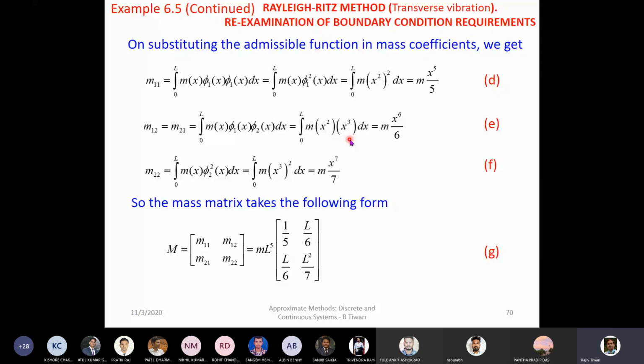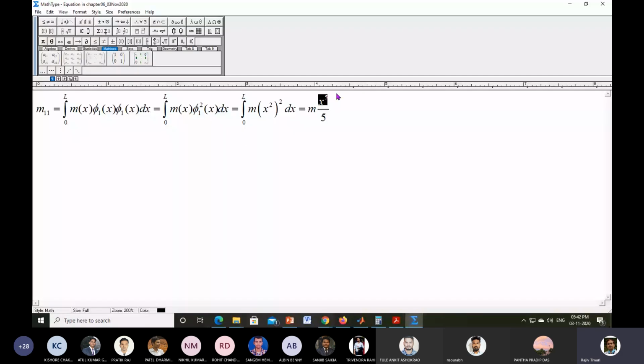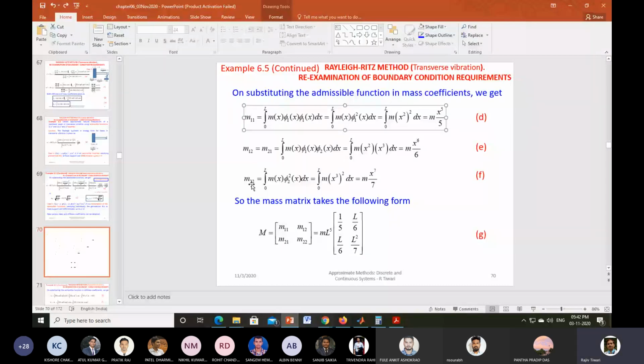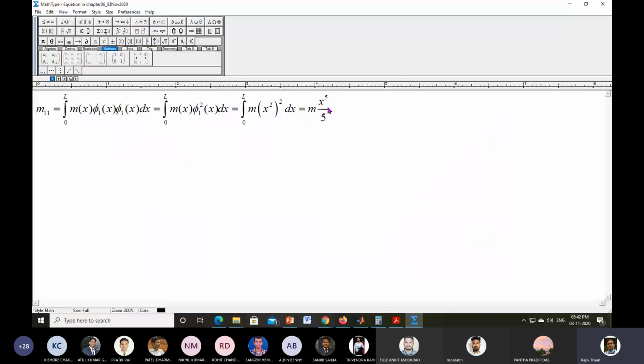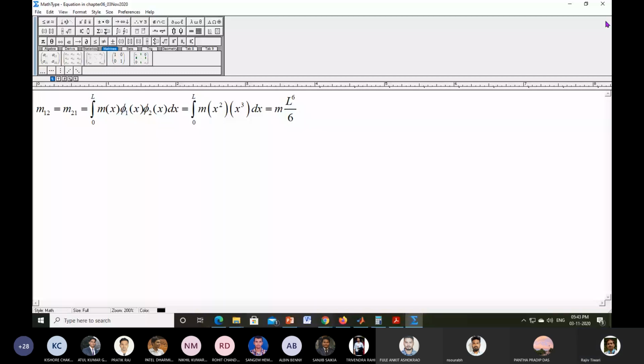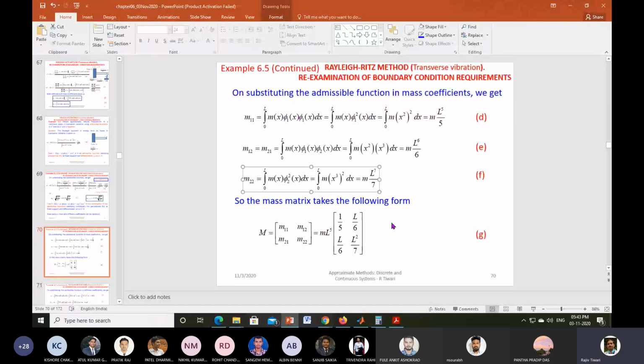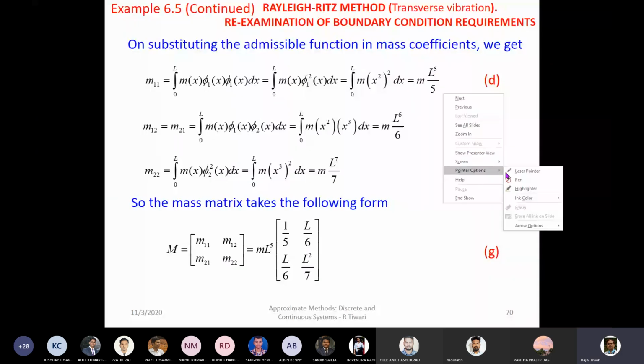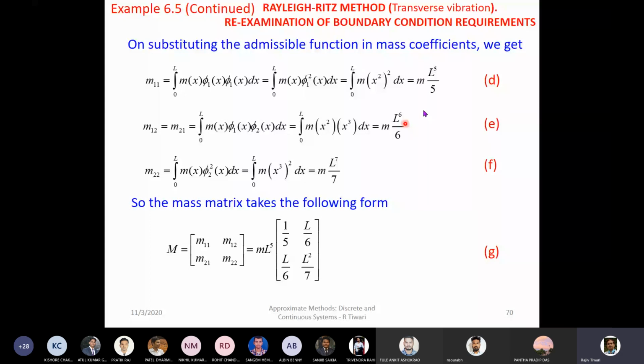So if we integrate this, we'll get, sorry, this should be L, all should be L, because this has been already integrated, so there should be L. Similarly, M22, then here phi2 square will be there.